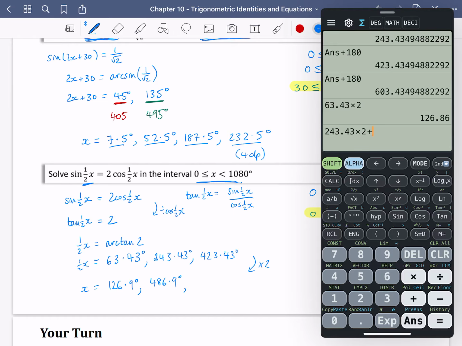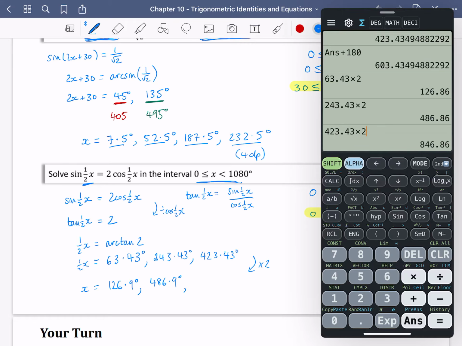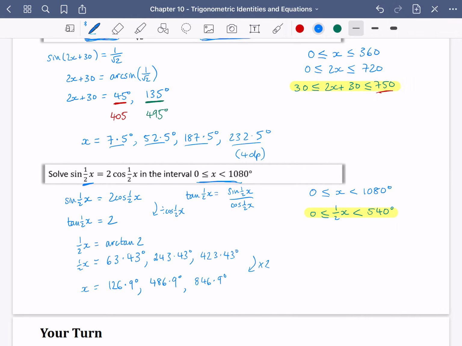And my next one here is going to be my 423.43, and that's going to be 846.9 degrees. And this is why you have to do your pattern of adding on your 180 immediately after having done the arctan or the inverse tan, because the final ones don't have a gap of 180. The final ones have a gap of 360. So that's why you have to make sure that you follow the patterns from the trig laws that we've done for tan and sine and cos immediately after having done the inverse tan.